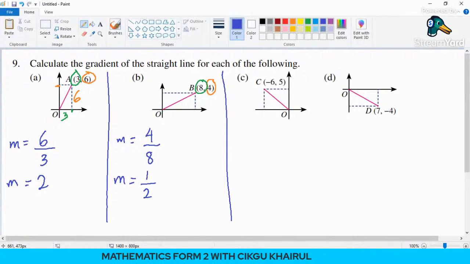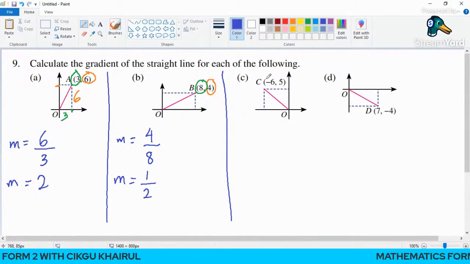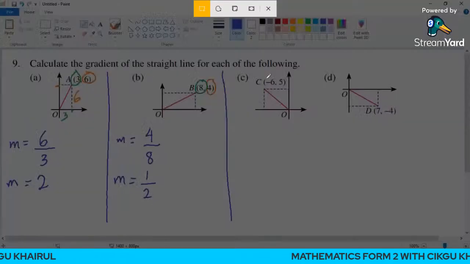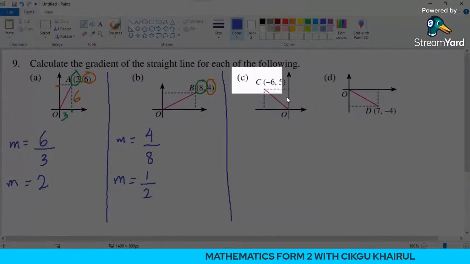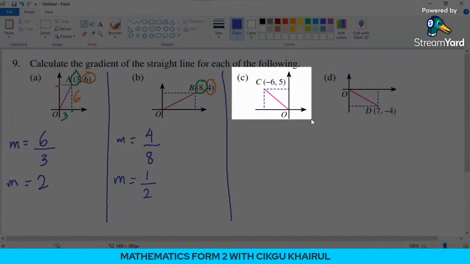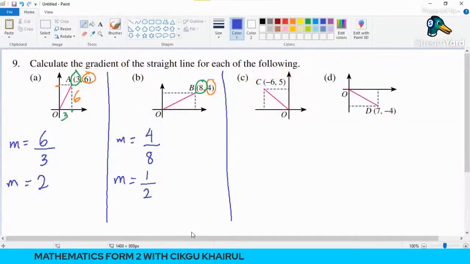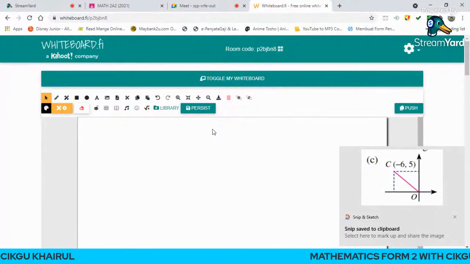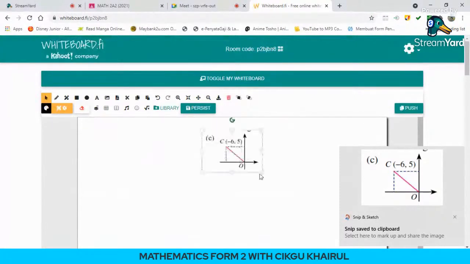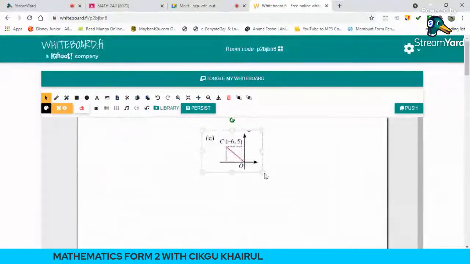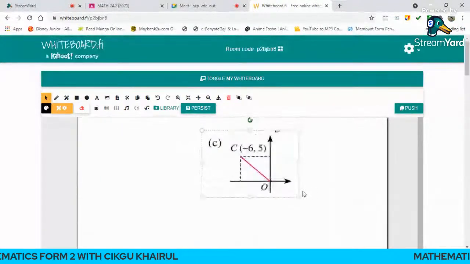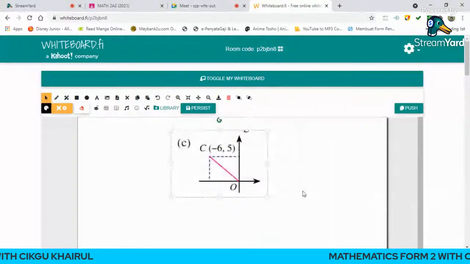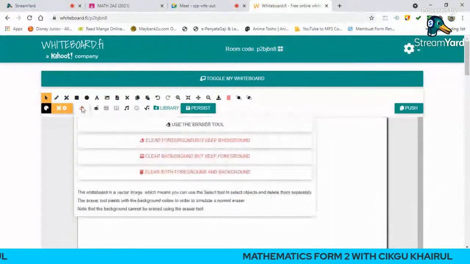So for this question C, maybe I put it on the whiteboard for you to try. Okay, I make it bigger. So let me erase a little bit here.